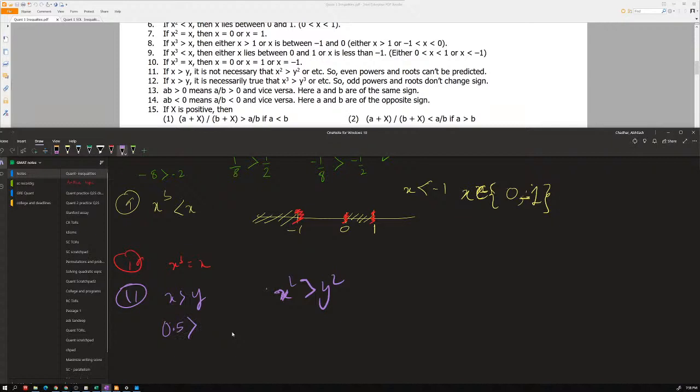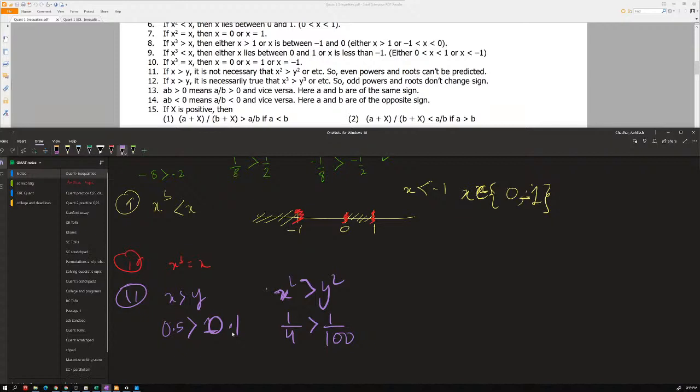0.5 is greater than 1. Sorry. Let me check it the other way. 0.5 is greater than 0.1, right? So x square would be 1 by 4, right? And y square will be 1 by 100. So now 1 by 4 is greater than 1 by 100. Is it true? Yes, that is true actually.